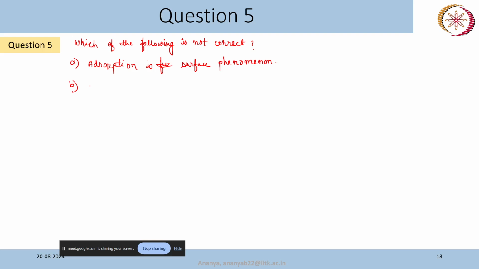Second statement is adsorption is exothermic in nature.